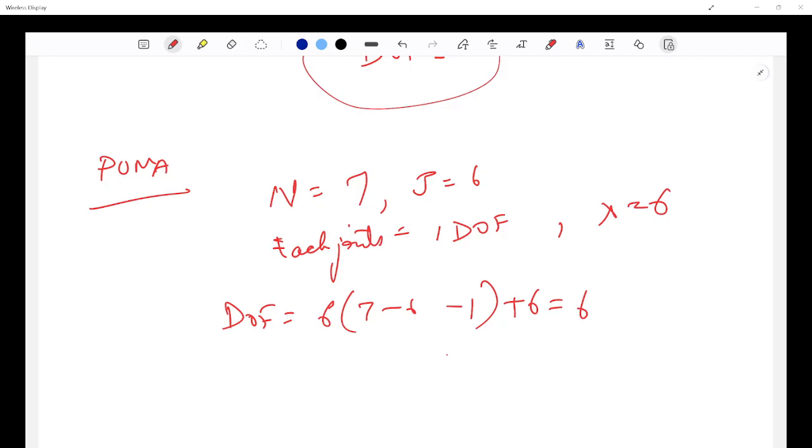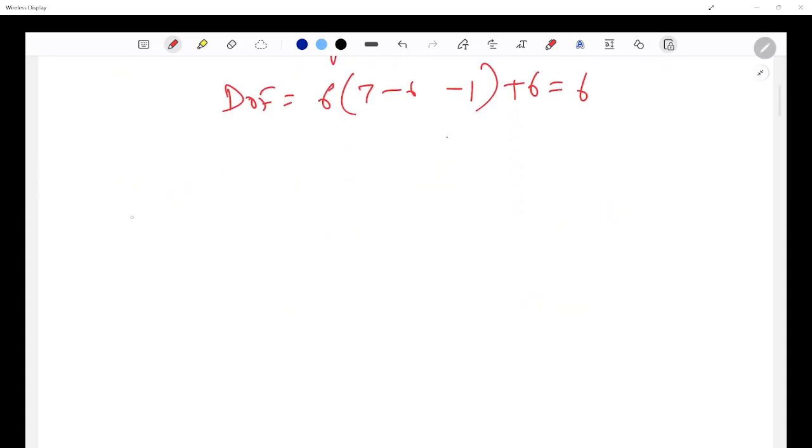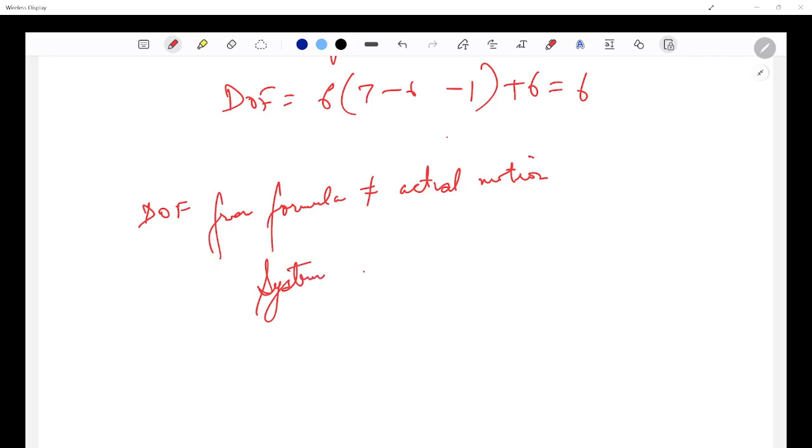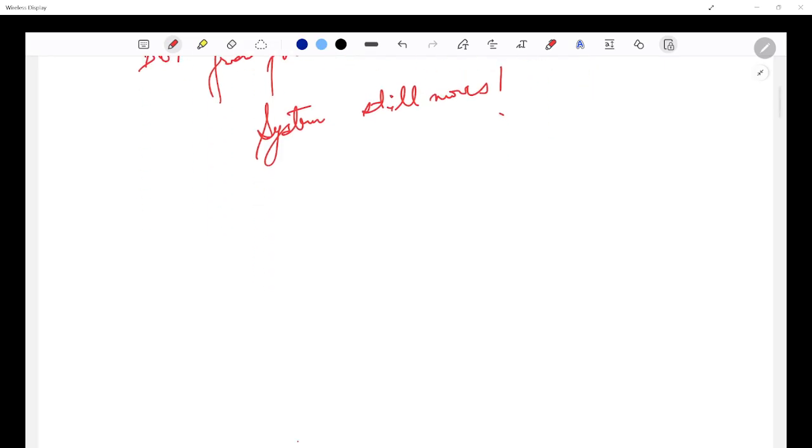But there are mechanisms where the degree of freedom from the formula is not equal to the actual motion, but the system still moves. Okay, so the key idea here is that motion happens due to special geometry.